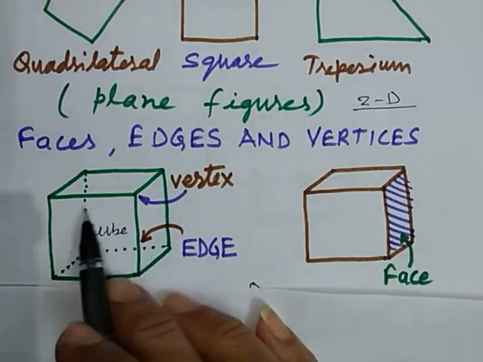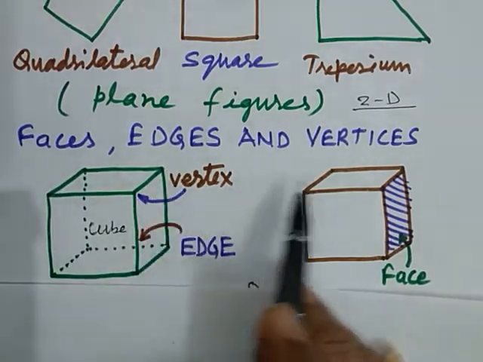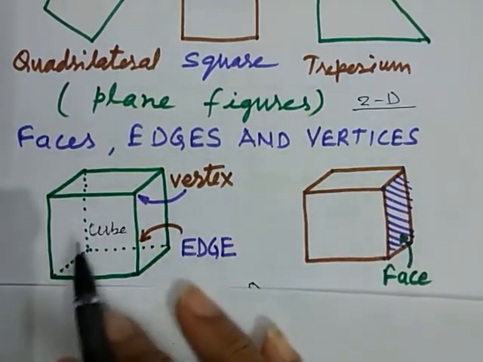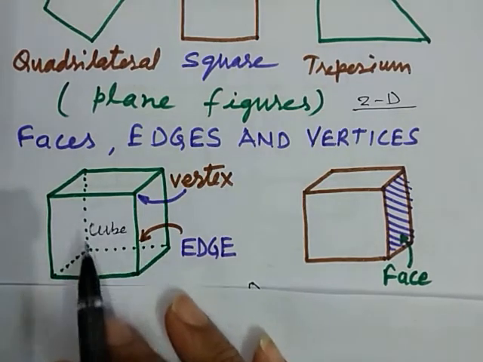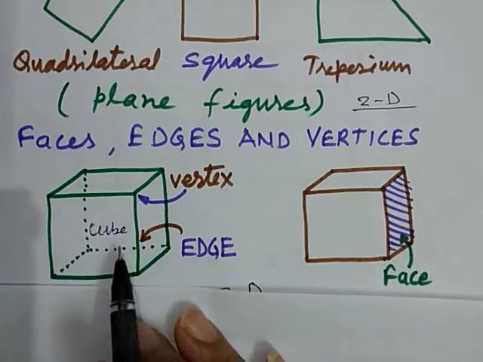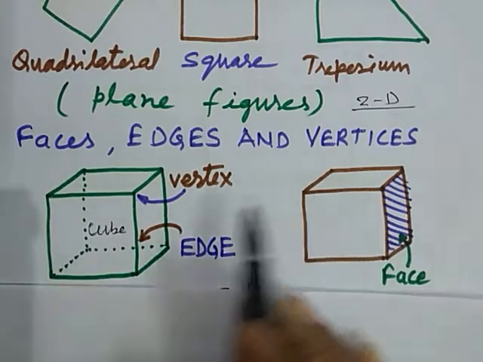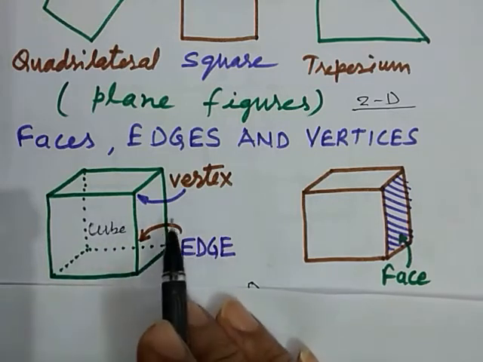So in a 3-dimensional figure, there are faces, edges and vertices. Okay, so practice making 3-dimensional figures and draw their faces, edges and vertices, and study the relation between them.